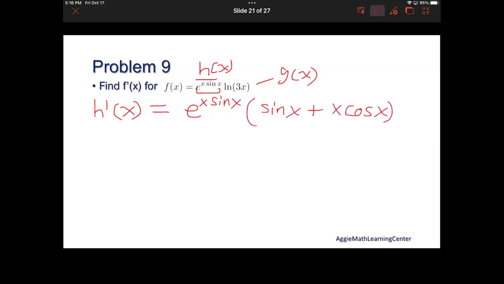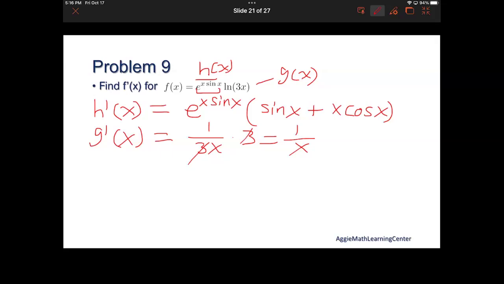And then for the derivative of the second bit, derivative of the outside is 1 over 3x times the derivative of the inside is just 3. That's nice. So those cancel, give us just 1 over x for our derivative.